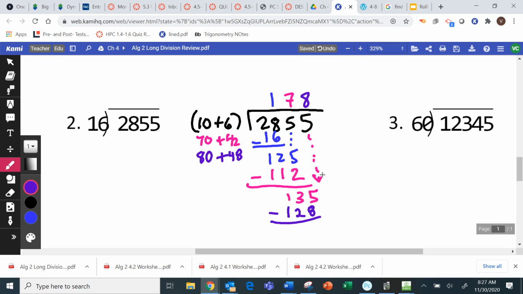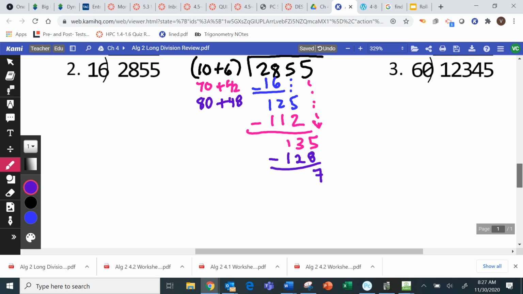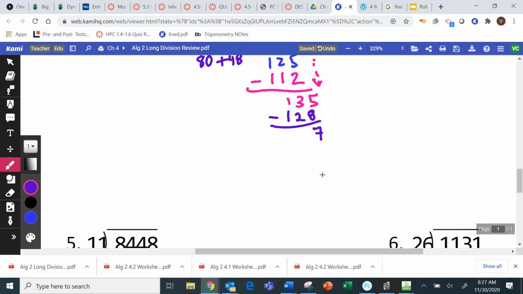Subtract, what is this? 2, 5, 7. Did I do my math correct? I think I did. So we write our answer as 178 and 7 over 16. That's our answer.